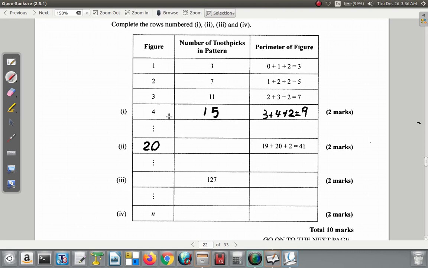But what we want to do is link the figure number to the number of toothpicks, see if we can come up with some formula that matches the figure with the number of toothpicks, or match the sum here with the number of toothpicks so that we can fill in the number of toothpicks here. 1, 2, 3.